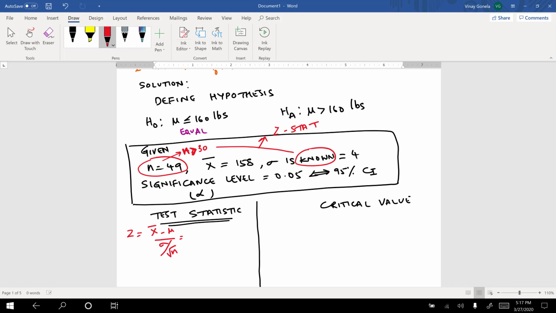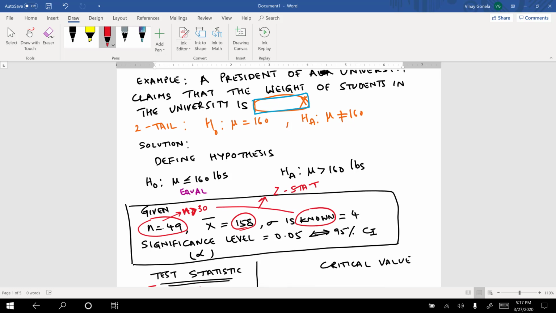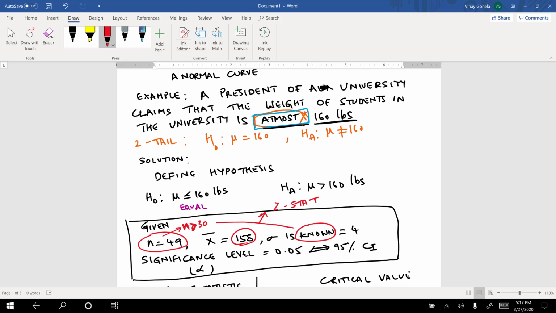So our x bar is 158, and our mu is what the president claims, which is 160.